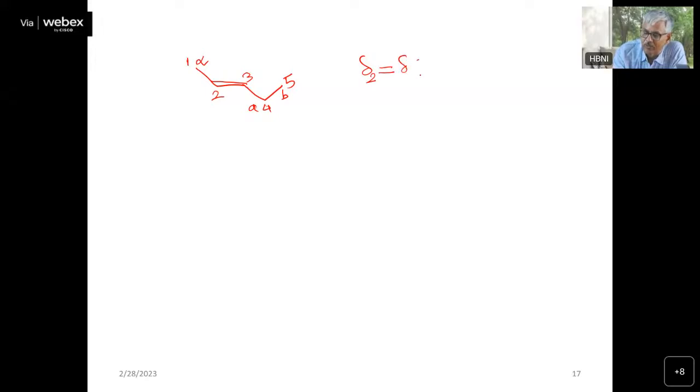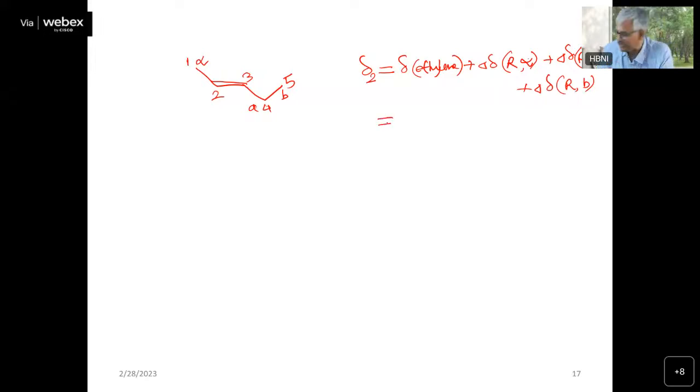So we'll take the delta of ethylene, plus delta delta of R alpha, plus delta delta of R A, plus delta delta of R B, because you have both the carbons.